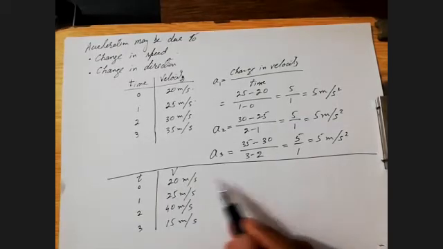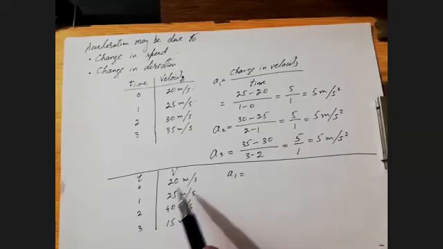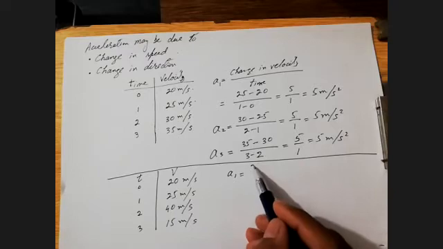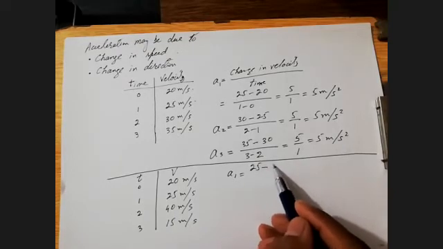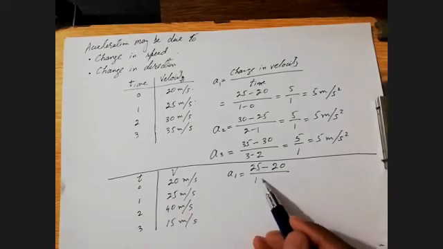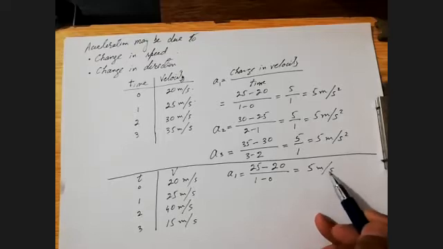Well, now look here again. I am going to find out the first acceleration A1 for this non-uniform acceleration. Change in velocity: the initial velocity I am taking 20, the final velocity I am taking is 25. So from the final velocity, you have to subtract the initial velocity, and the time interval is 0 and 1, 1 minus 0. You can see that here it is 5 meter per second square.